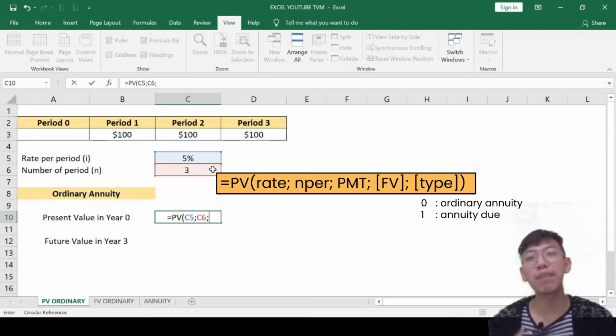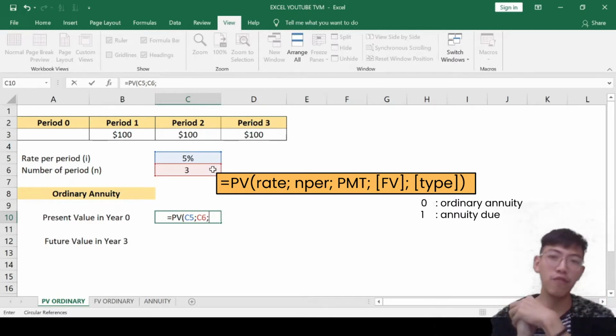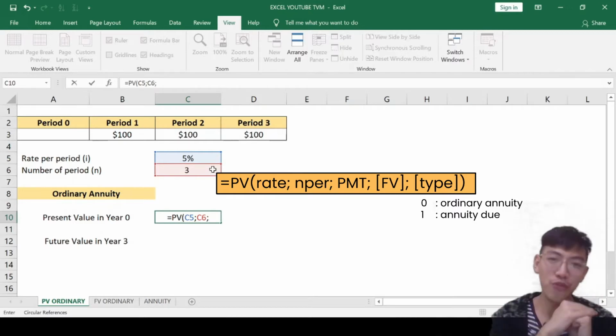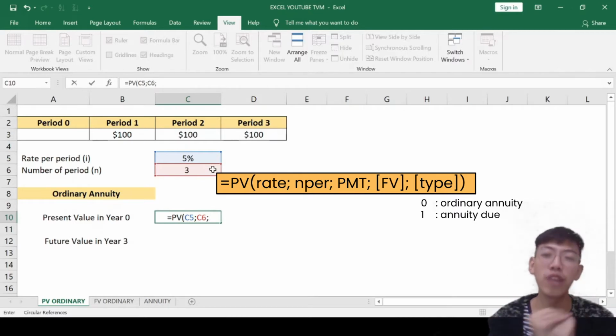As we know, the payment in this case is 100, but there is one thing you have to know. Present value and future value in Microsoft Excel will have a different sign from PMT. So if the present value or the future value is positive, the PMT will be negative. If the PMT is positive, present value or future value will be negative.